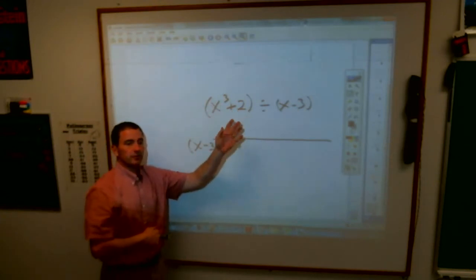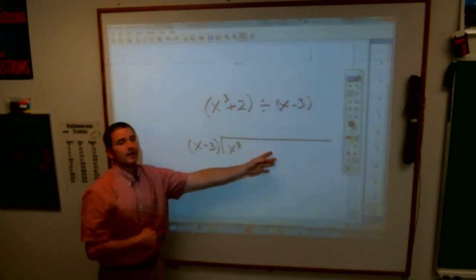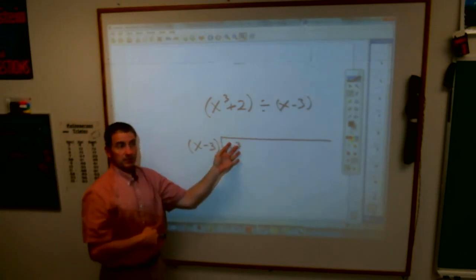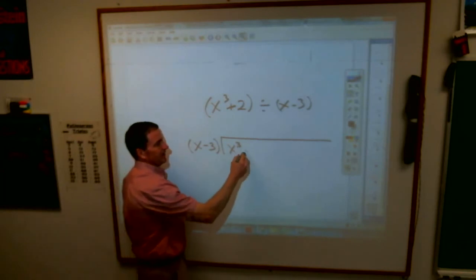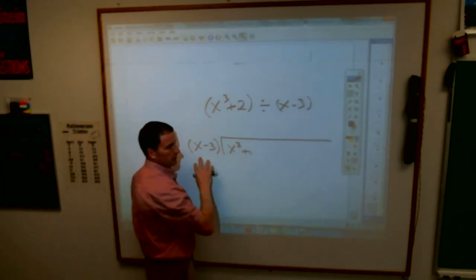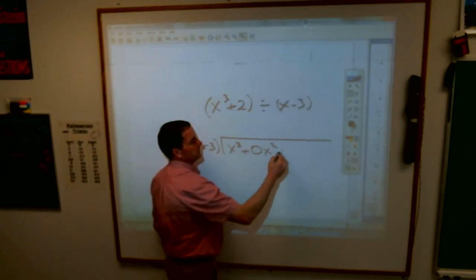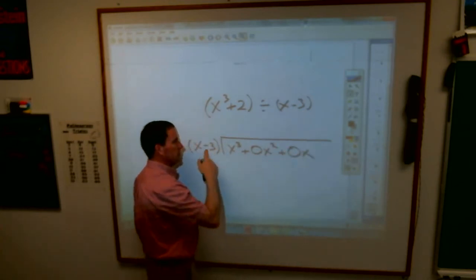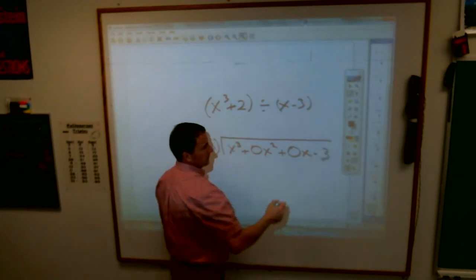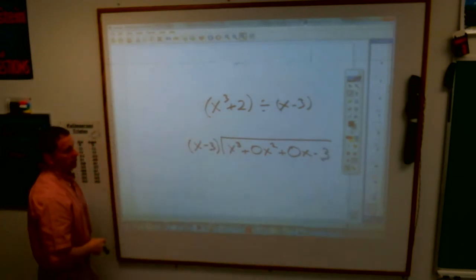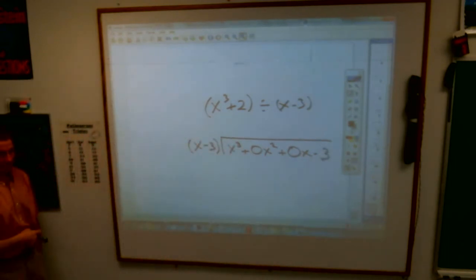And you're asking yourself, well, what about the x squared and the x terms? You need to put them in there. Just make them zeros. You need an x squared term, otherwise it'll be way too confusing. You have 0 x squareds, you have 0 x's, and then you have a minus 3. If you don't put those in there, it's just going to make your life incredibly difficult. Plus 2.